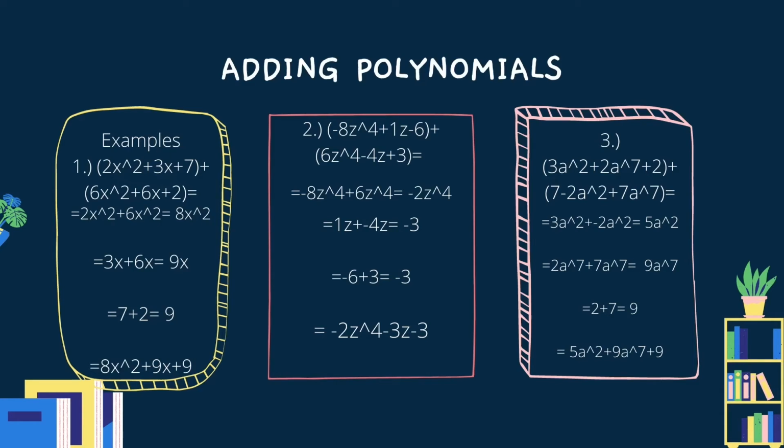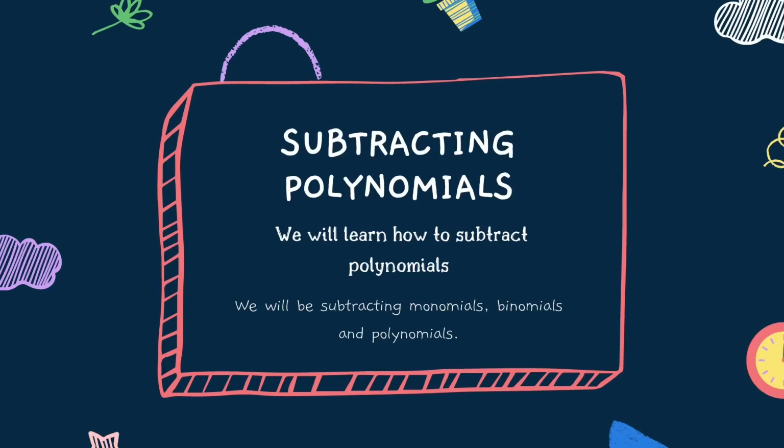That's 9a raised to the power of 7. Then 2 plus 7, which is 9. So the final answer is 5a squared plus 9a raised to the power of 7 plus 9.